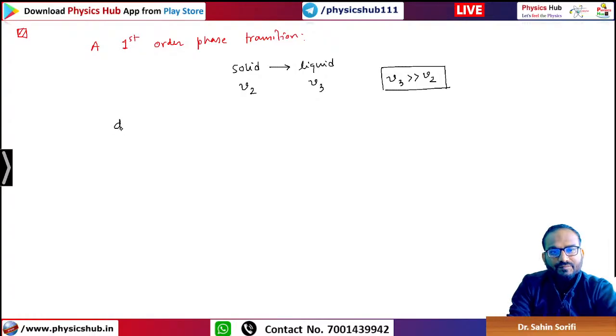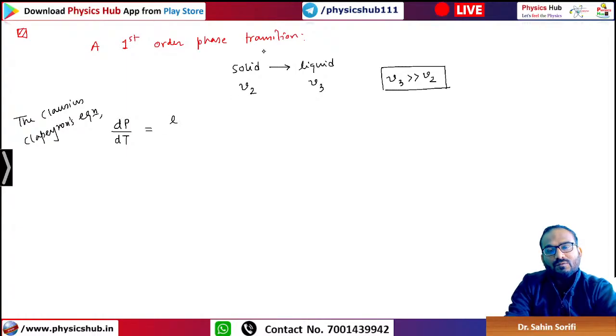Now we know the Clausius-Clapeyron equation. dP by dT is equal to L. What is happening here? Solid is turning into liquid. What is this process called?